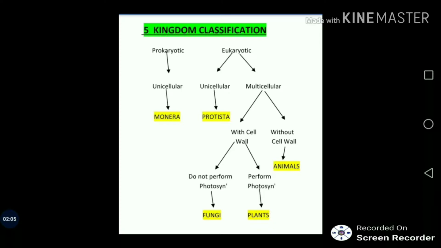Those that didn't have the cell wall were called animals, and those that had the cell wall were again classified on the basis of the ability to perform photosynthesis. Those that could perform photosynthesis were called plants, and those that couldn't do photosynthesis were called fungi.